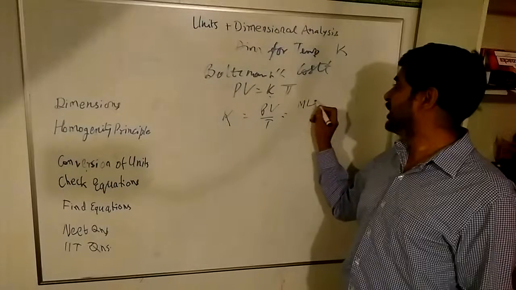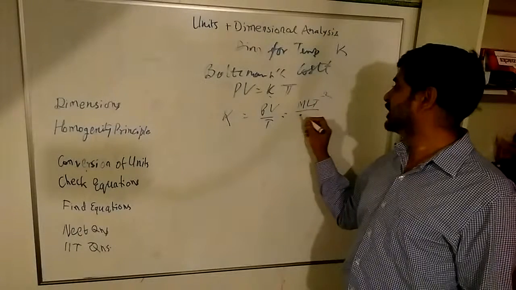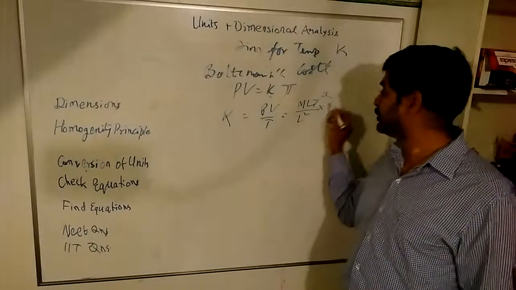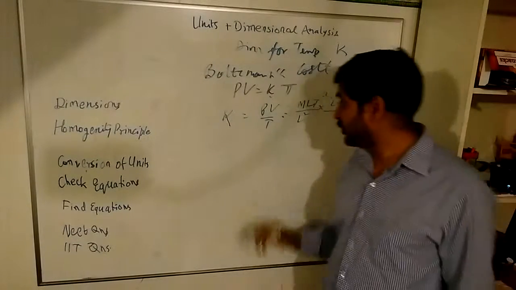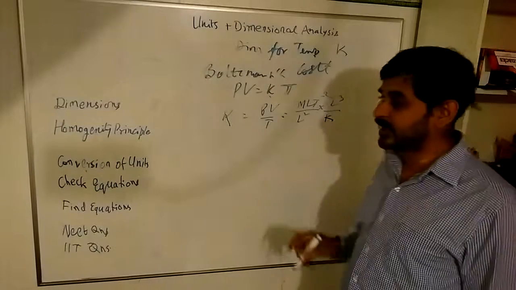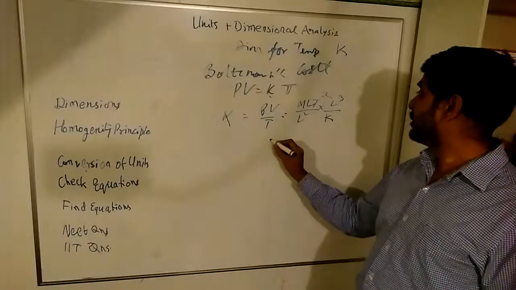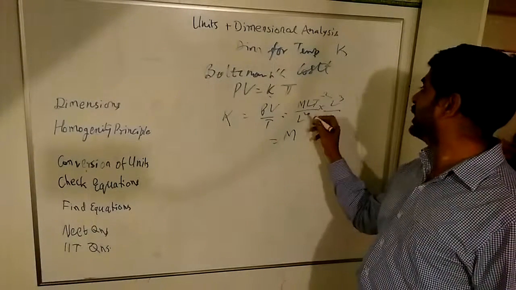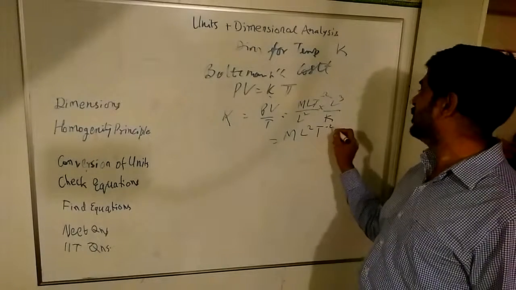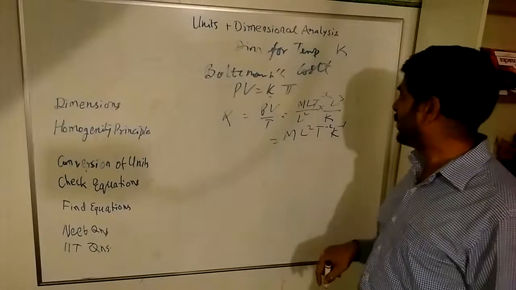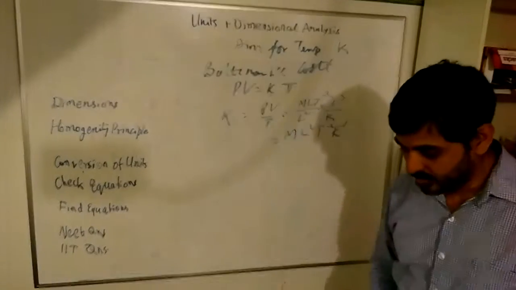Force is MLT to the power minus 2, area is L square, and V is the volume, so it's L cube. And now here comes the new term T, and the dimensional formula of T is represented by K, which represents the Kelvin. So we have M L square, and as L power four is L square, T to the power minus 2 multiplied by K to the power of minus 1. This is the dimensional formula of the Boltzmann constant.